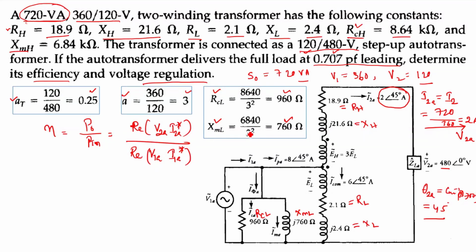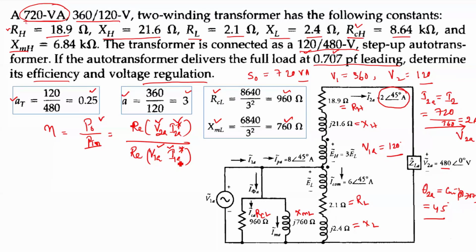So V2A and I2A I know from this calculation, therefore I can find PO. But in order to find Pin, I need to know V1A and I1A. So V1A is known to me, it is 120 volt.